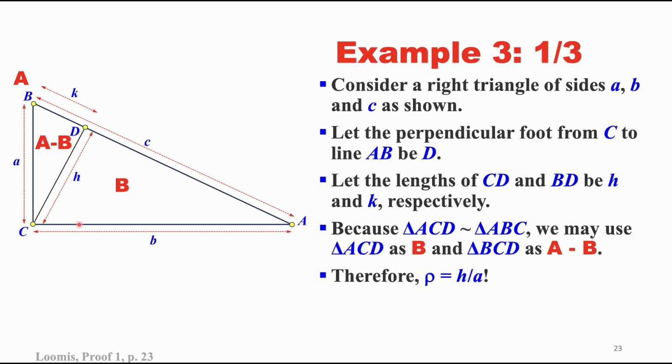Now, what is rho? Because this triangle and this triangle are similar, the shorter non-hypotenuse leg for area B is h. The shorter leg of triangle ABC is a. Therefore, rho is h divided by a.